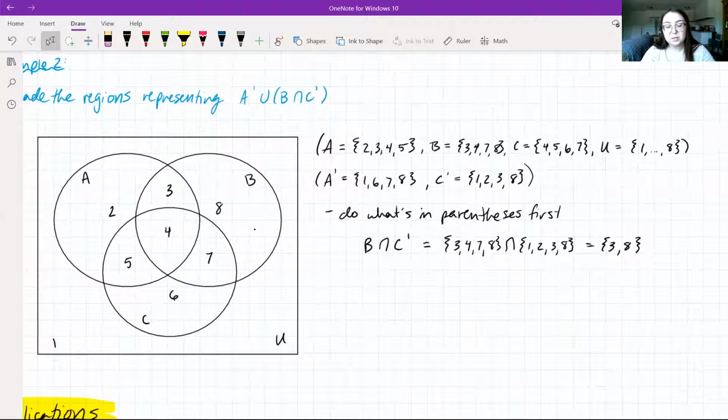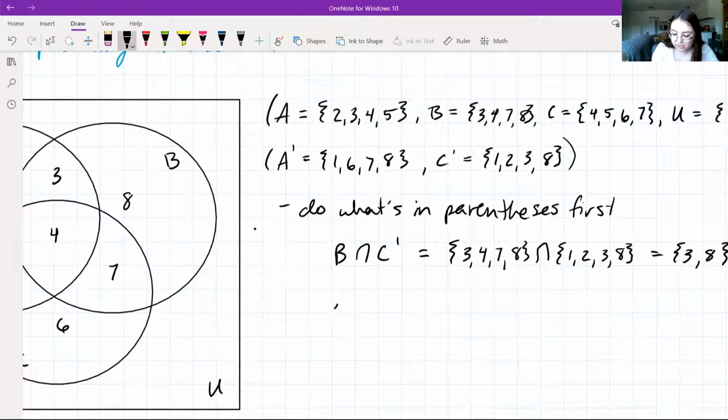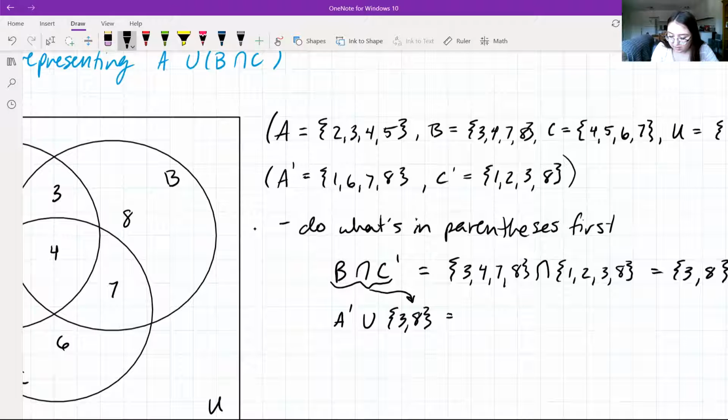So now what we're going to do when we find the union between A prime and the intersection of B and C prime, we are going to take the union of A prime and the set of 3 and 8. So we know what A prime is. Let's write this out. So we have A prime union, and I'm just going to write the set of 3, 8, because we know that that's what that is now.